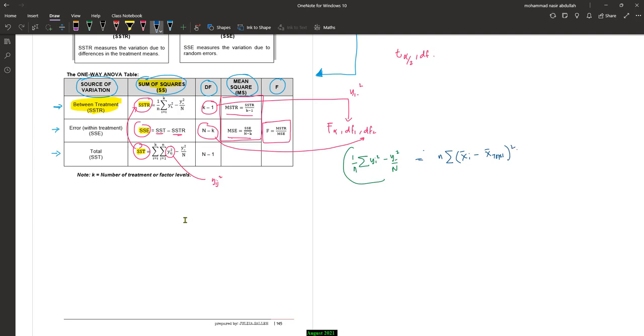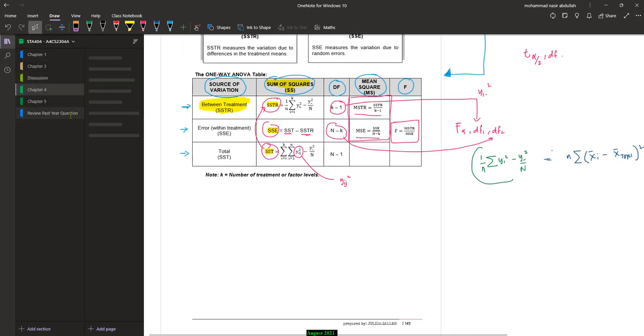X bar total ni maksudnya y dot dot ni divide by capital N lah. Maksudnya we take all observation divide by number of observation lah, right. So maybe kita akan pakai formula macam ni sekejap.